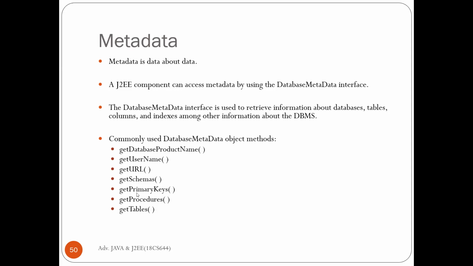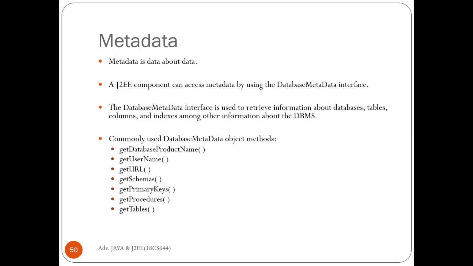This metadata object we can obtain, and some of the methods can be called. That is getDatabaseProductName. This will return the product of the database, whether it is Oracle, MySQL, DB2, like that. Then getUserName. That will return the username through which we have connected to the database. Then getURL, which returns the URL to the database. getSchemas returns all the schema names that are available in the database.